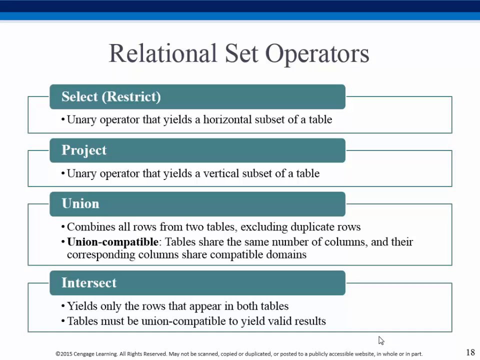Okay, so select, also known as restrict, is referred to as a unary operator because it only uses one table as input. It yields values for all rows found in the table that satisfy a given condition. Alright, select can be used to list all the rows, or it can yield only rows that match a specific criterion.